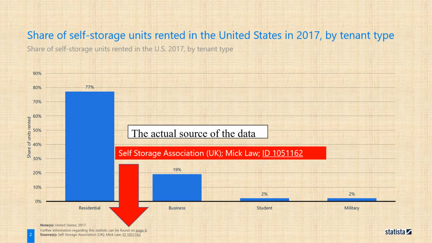So here's an example of what you would find if you were using Statista. This is the share of self-storage units rented in the United States in 2017 by tenant type.